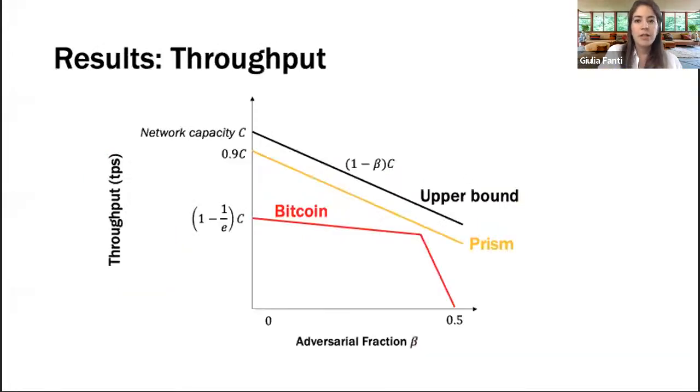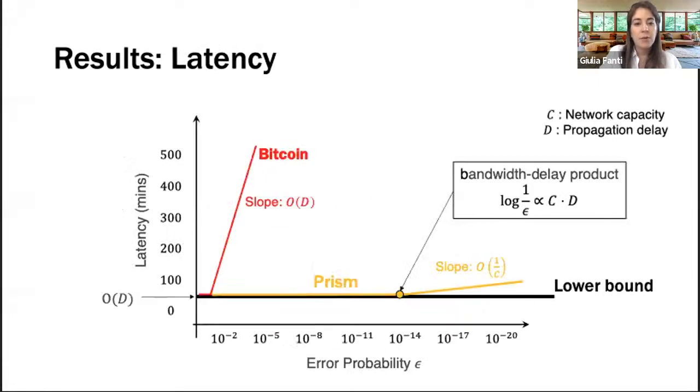So if we go back to our initial results, we can see here we had our upper bound and Bitcoin was down here, and Prism is actually able to achieve within a constant factor of this upper bound. And moreover, if we look at this latency plot from earlier, we can see that Prism is able to maintain a latency that scales as order D, or speed of light propagation delay, for a much broader range of error probabilities.